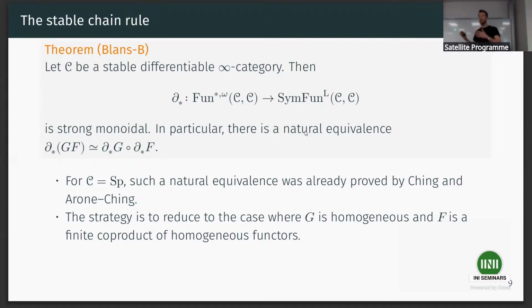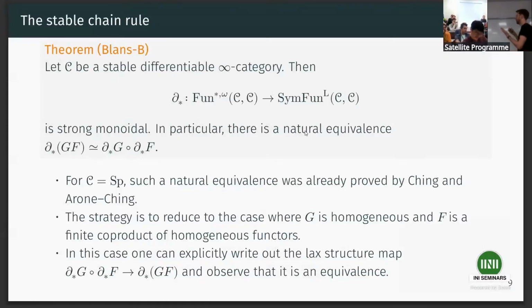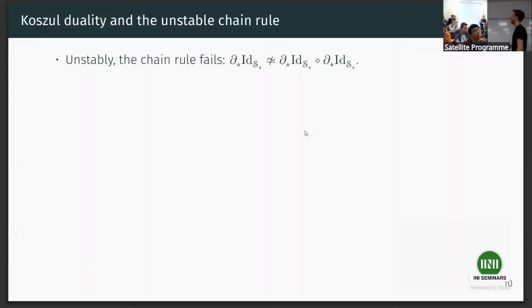In this case, everything becomes explicit enough that you can just check by hand that the comparison map is an equivalence. But this is only the stable case. And unstably, the chain rule actually fails for quite obvious reasons, namely that the derivatives of the identity is generally not the unit in symmetric sequences.